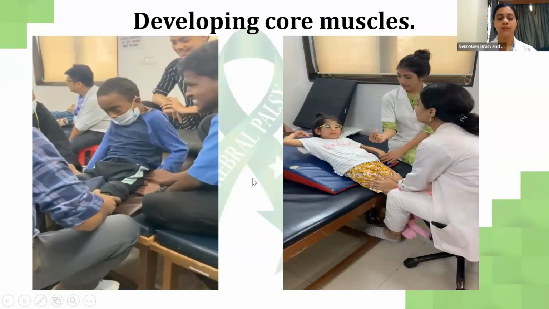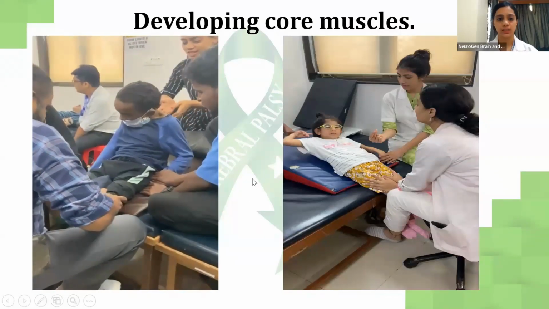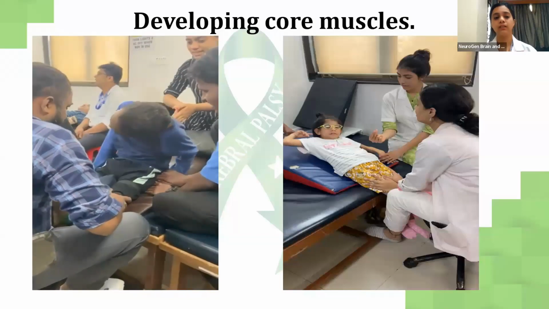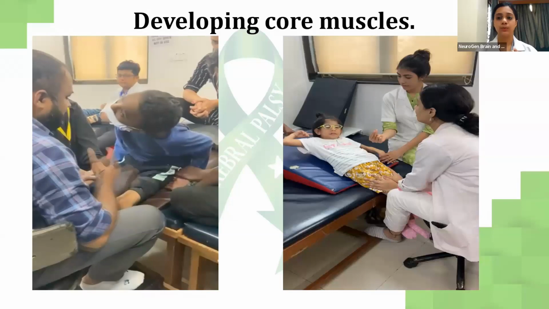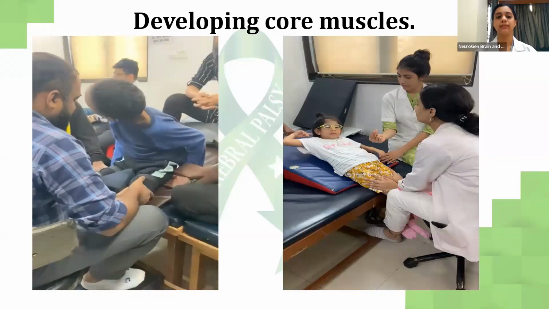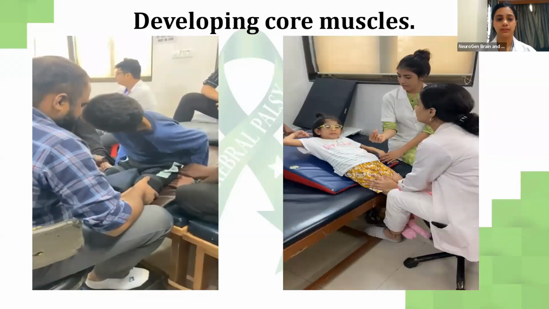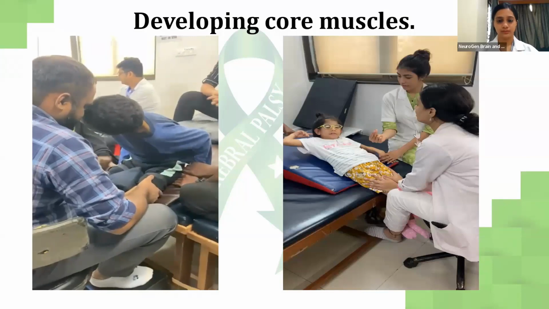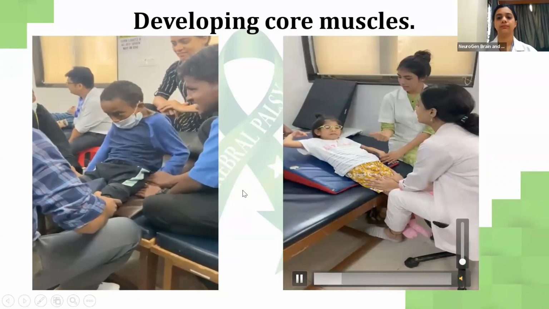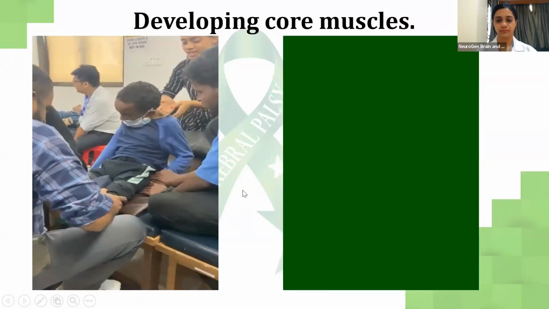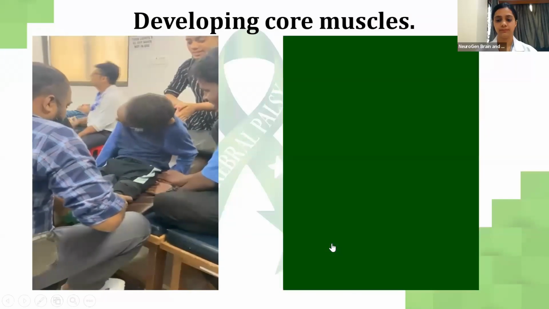Dystonics usually have over recruitment of the back extensors. So if we develop the anterior muscles, like the core muscles, in them, then it would really help them sit. It would really help them stand. If you can see.